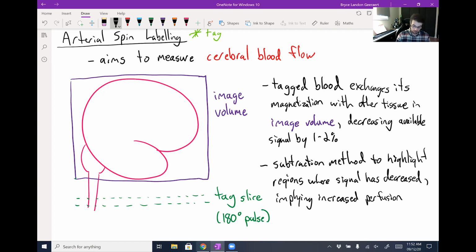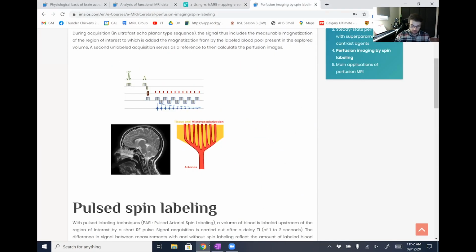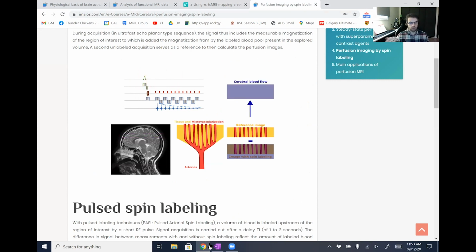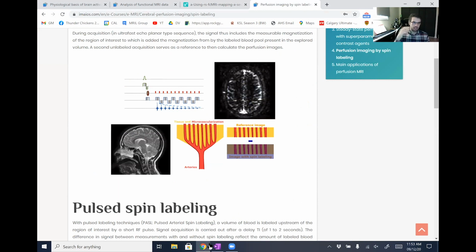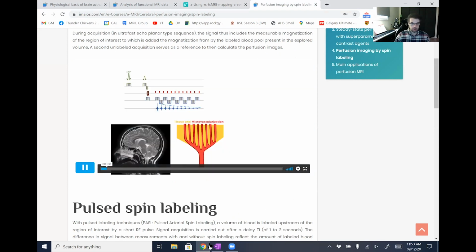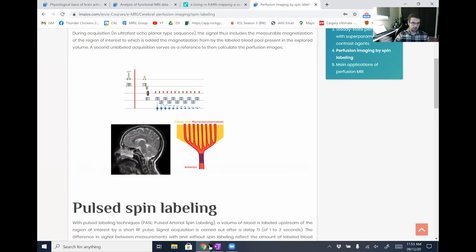I've got an animation queued up to visualize this whole process a little bit. And then we'll talk about different types of ASL and wrap up from there, I guess. All right, so we've got a brain, an actual brain, and on the right, there's a model of, you tag blood in the large artery, it spreads out to all these different vascular structures, capillaries, that kind of thing, and you collect two images, one where you're just imaging the brain like we have on the left, and one where you've tagged the blood, and see this decrease in signal, thanks to that exchange of magnetization from your tagged blood to the surrounding tissue.